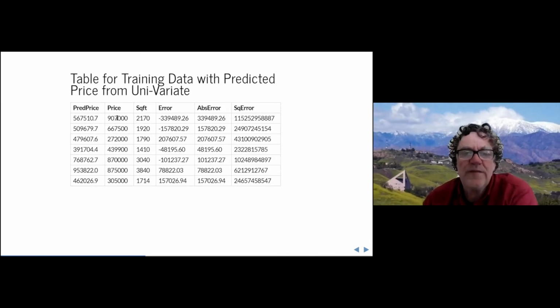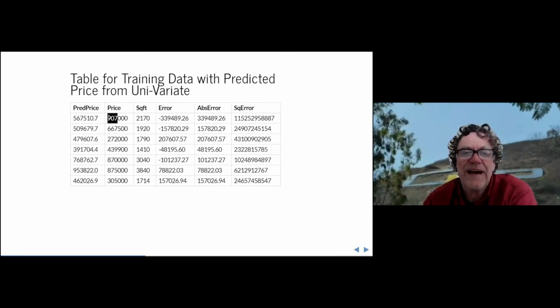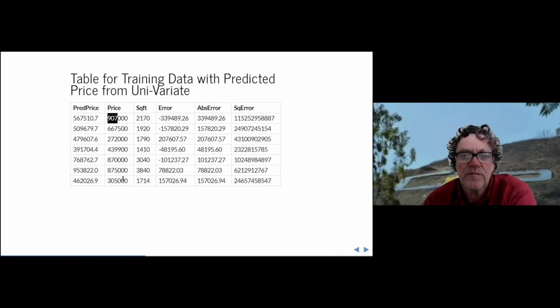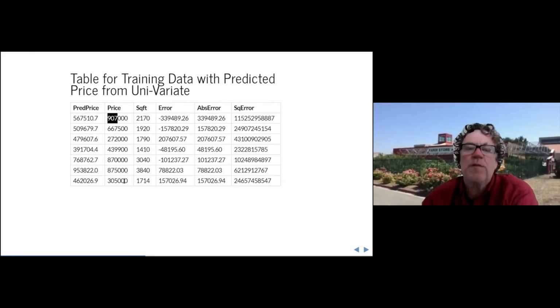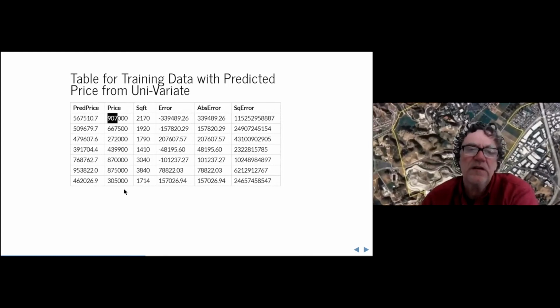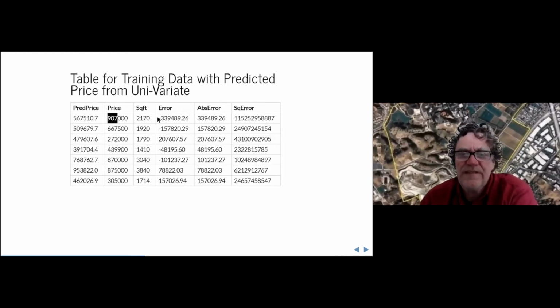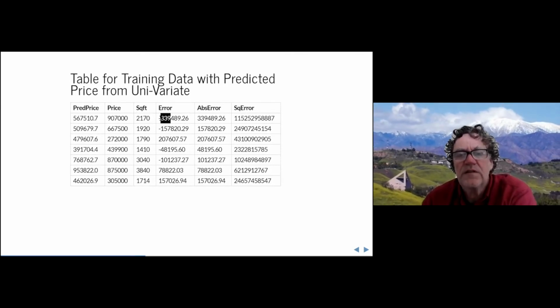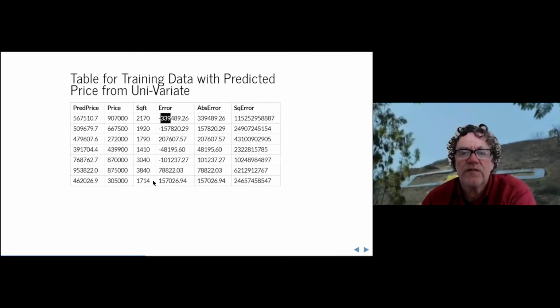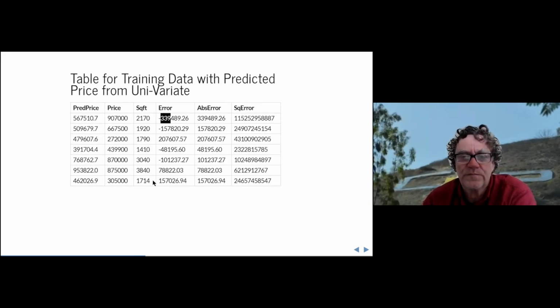Well, the price for which this house sold was $900,000. So we made an error. Most times we make an error, sometimes a bigger, sometimes a smaller. This is a bigger one. We underestimated by about $340,000. That's our error.